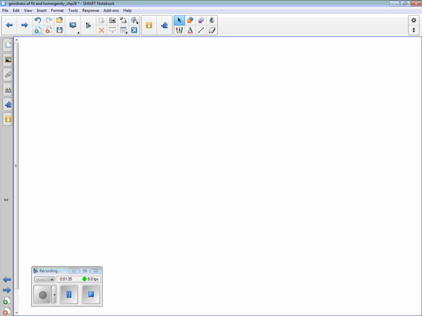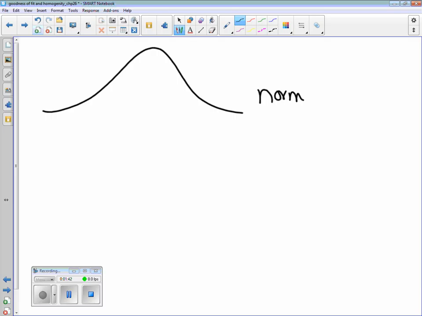We have so far already talked about the normal distribution, and we know what it looks like. We've already talked about the t distribution, both of which are unimodal and symmetric.